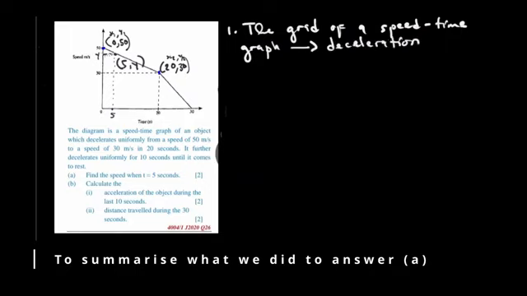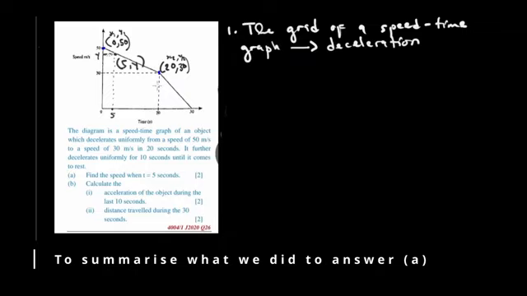So from this point where our speed is 50 meters per second to this point where the speed is now 30 meters per second, this straight line, if we find its gradient, the gradient is going to tell us the deceleration of the body from the time the speed was 50 meters per second to the time the speed was 30 meters per second. The uniform deceleration, as we are told in our question, which reads, the diagram is a speed time graph of an object which decelerates uniformly from a speed of 50 meters per second to a speed of 30 meters per second in 20 seconds.